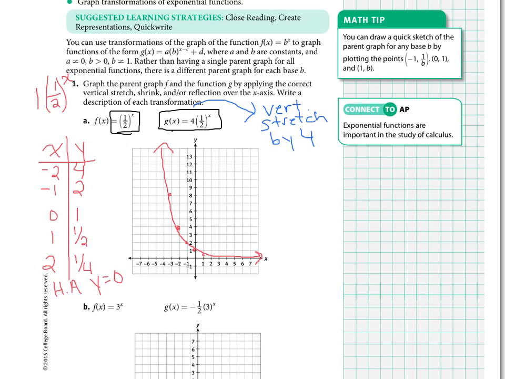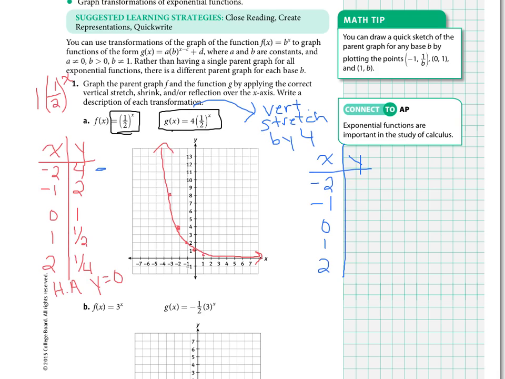Having a vertical stretch by 4 really means we're going to take each of those y values and multiply by 4. Try it in your calculator. Type in instead in your y equals 4 times 1/2 to the x. And notice what happens to our y values.